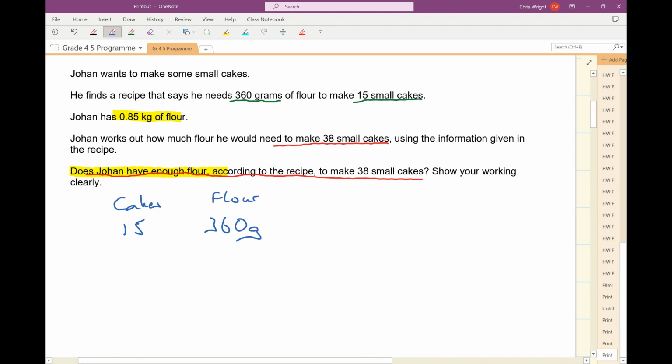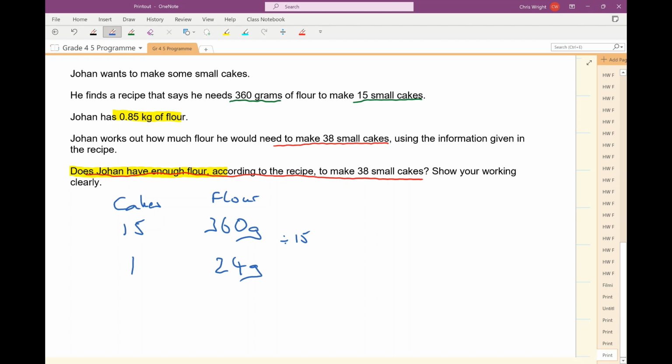First, I'd like to know how much flour it takes to make one cake. So let's divide by 15, and then we'll know how much flour it is for one cake. 360 divided by 15. So one cake uses 24 grams of flour.